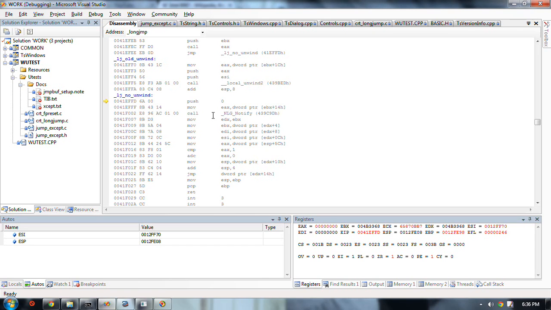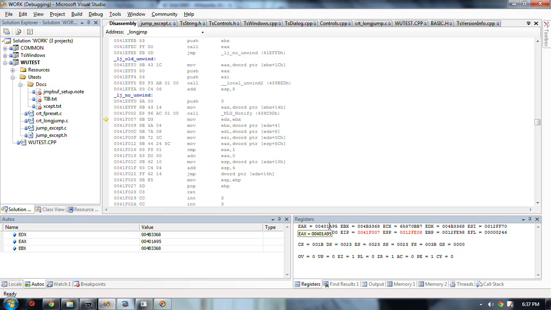But most importantly, you'll note that I just did a push, so this changed from an 8 to a 4. I put something in EAX, call the function, and let's go back to 8.